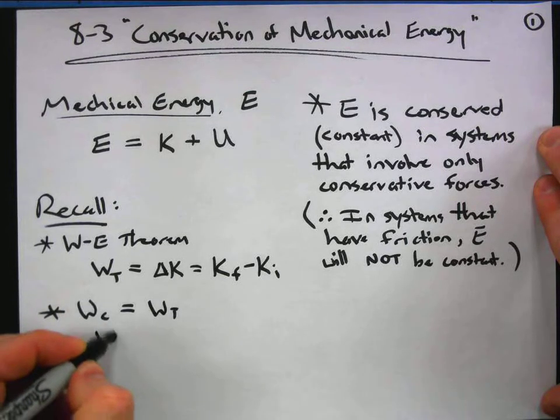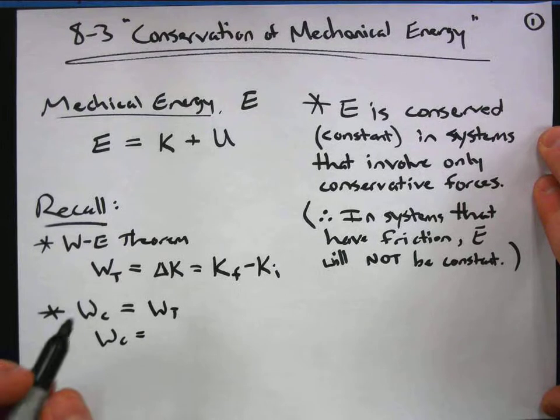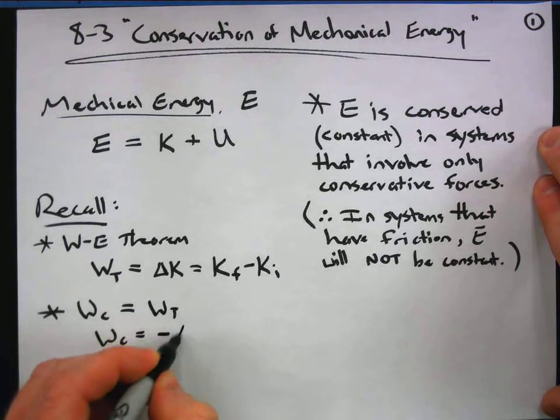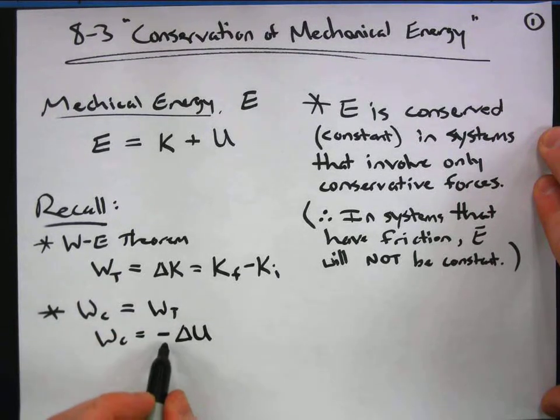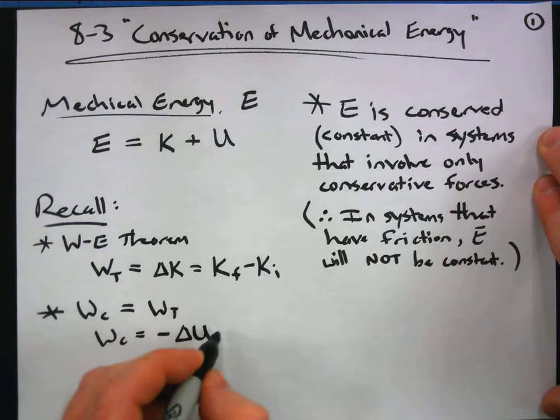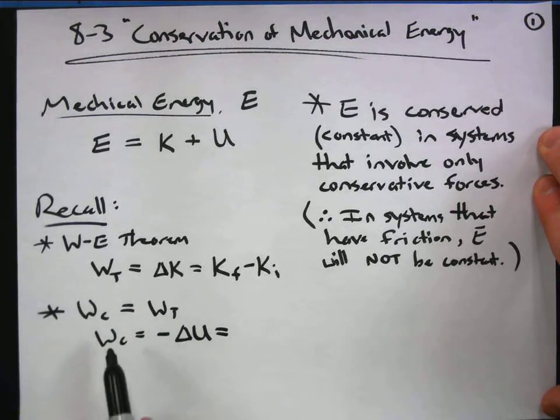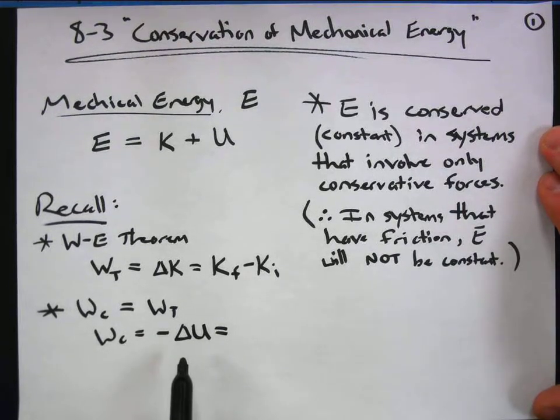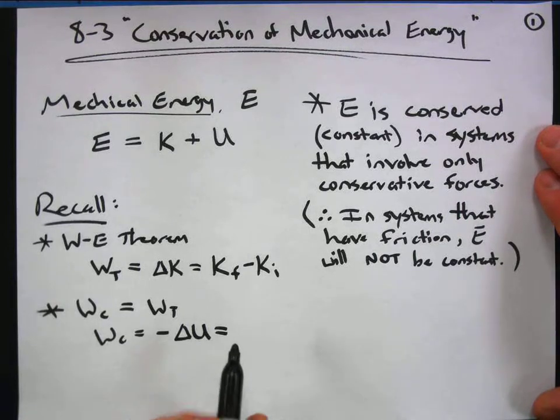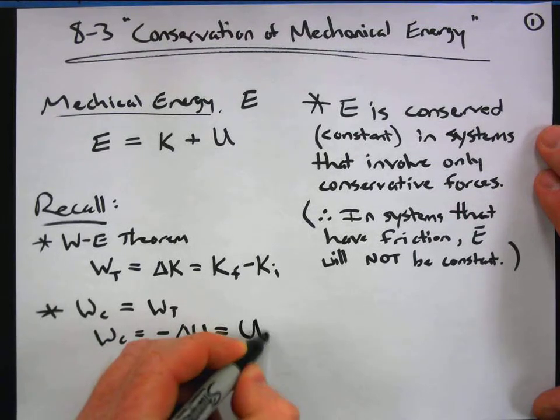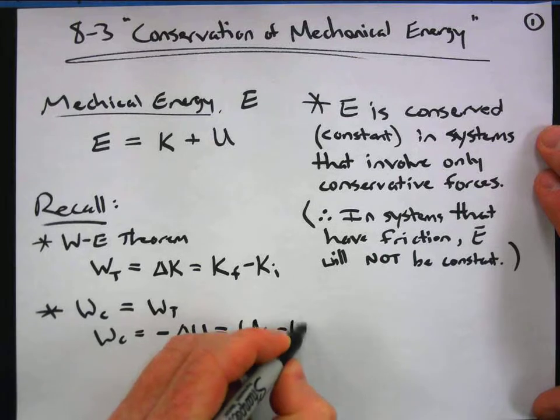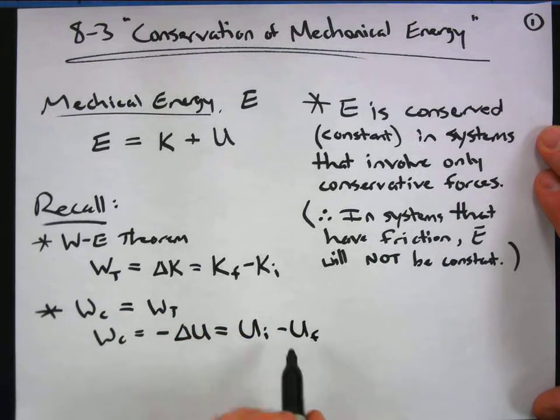We know that what this is going to be equal to is the opposite of the change in potential energy. So if we do work on the system, then we're going to be actually adding stored energy to that system. So this is equal to an initial minus a final. It's the opposite of a final minus initial. It's the opposite of the delta. So keep in mind that the F and the I are flipped.